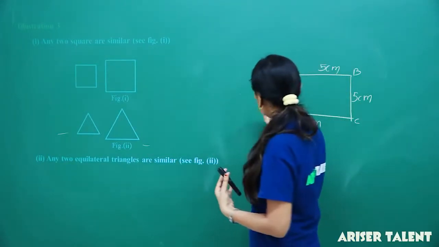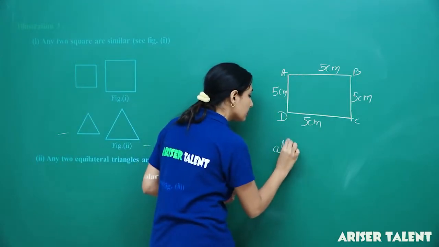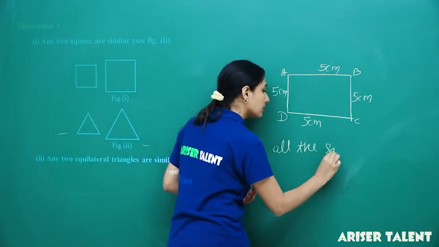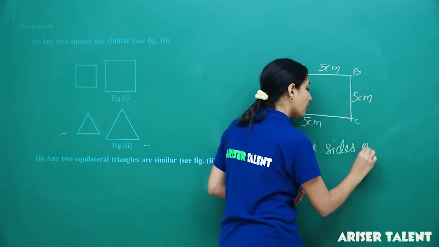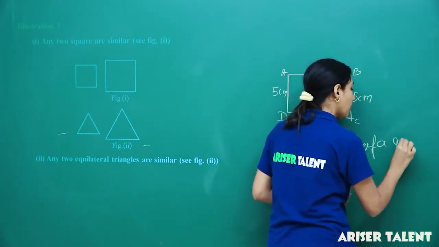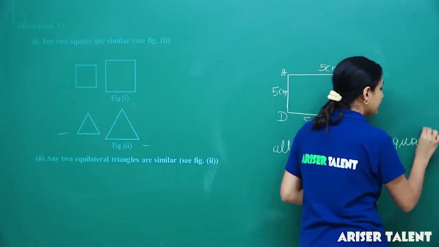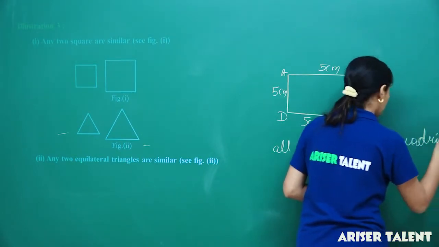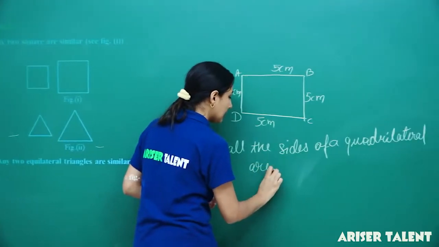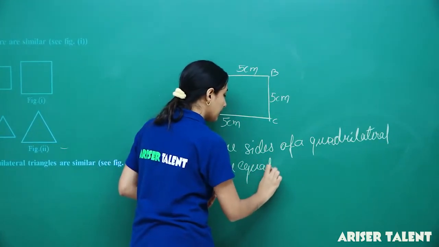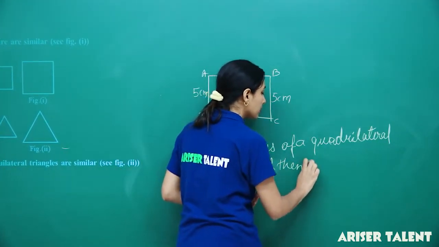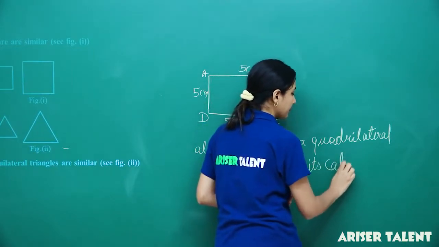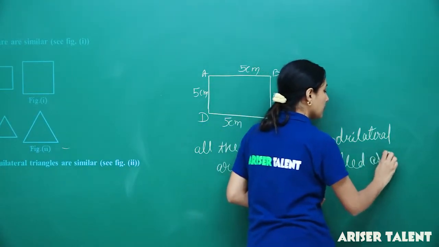That means if all the sides of a quadrilateral are equal, then it's called a square.